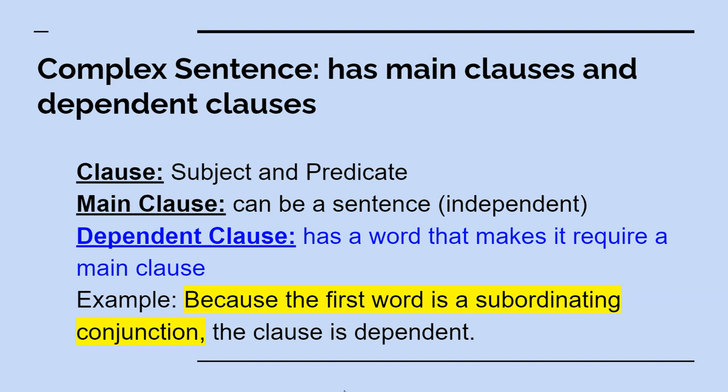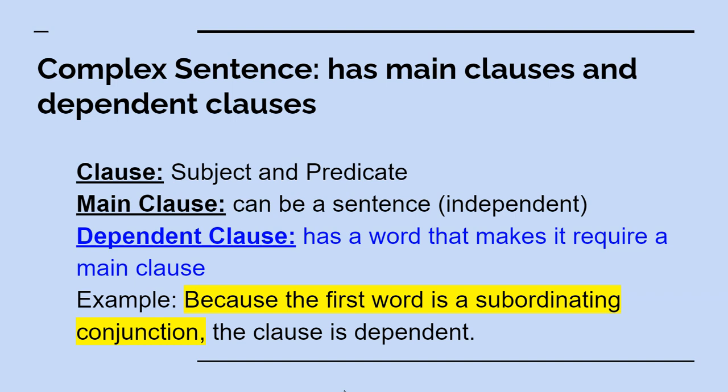Now, a dependent clause, that's what makes something a complex sentence because it has a word in there that makes it to where it has to be combined with something else to make sense. For example, because the first word is a subordinating conjunction, the clause is dependent. In that example, we started that clause with the word because. Because is a type of word that will make a clause dependent.